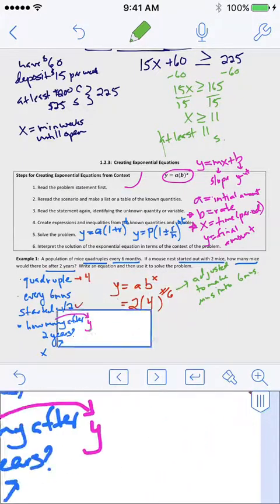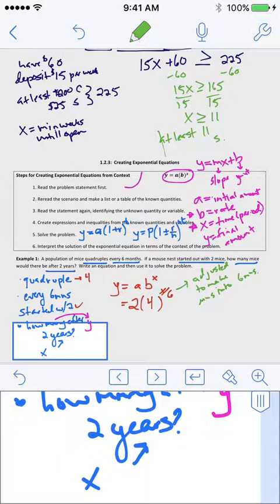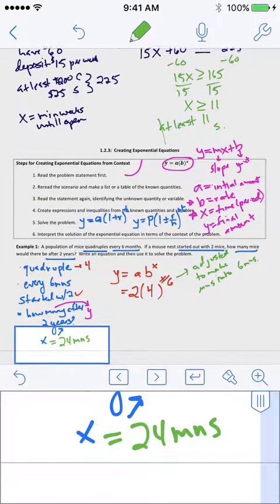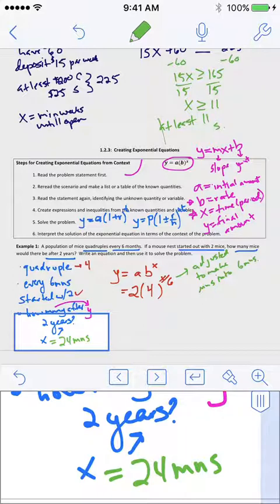And the reason I did that, let's take a look at the question. First off, it's in 2 years. That doesn't help us. We want things to be in months. So let's say instead of x being 2 years, x is 24 months. Right? 24 months. But really think about this. How many times will they actually be quadrupling in 24 months? It's not going to be 24 times, right? Because it's not quadrupling every month.